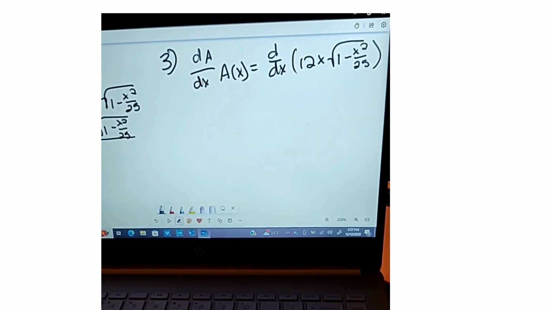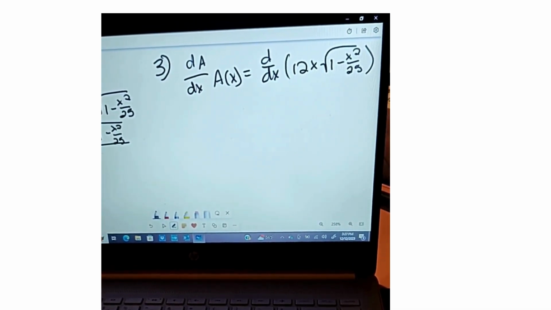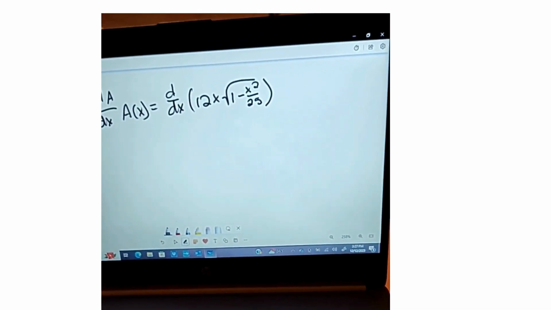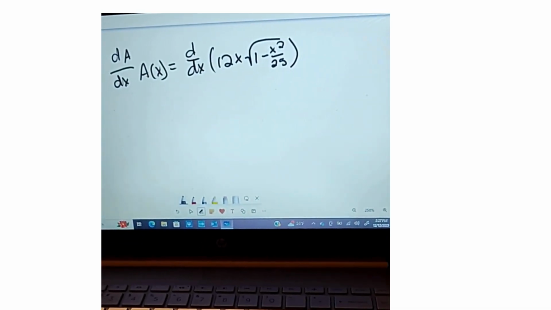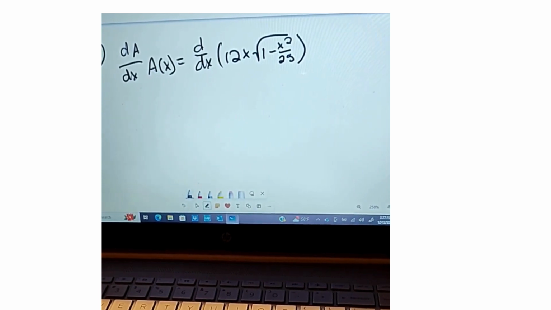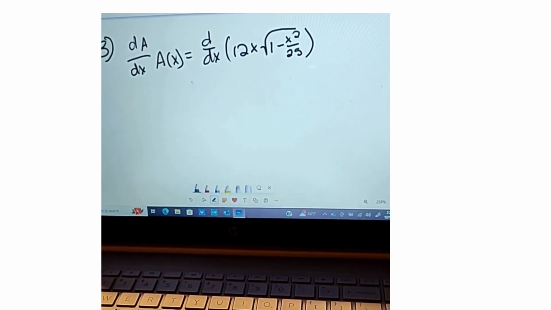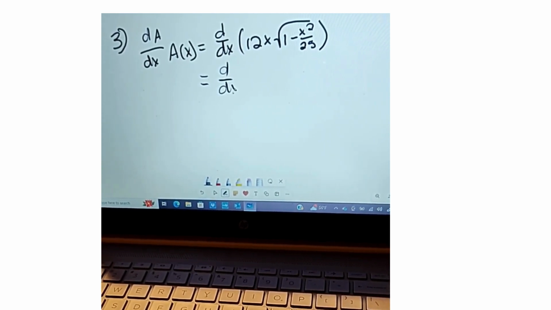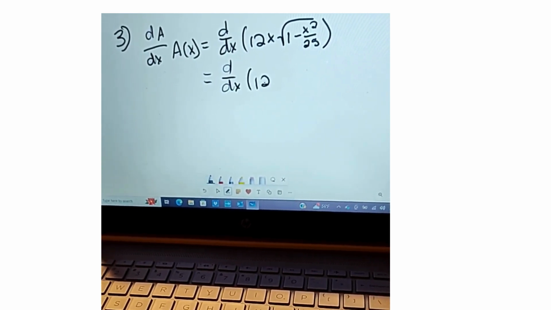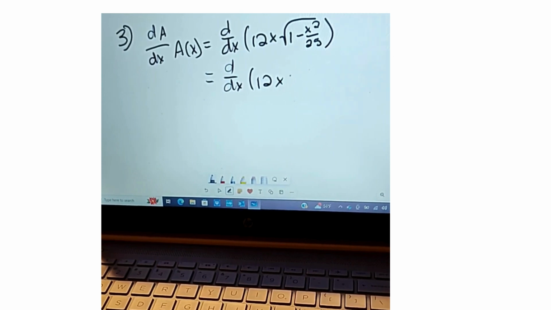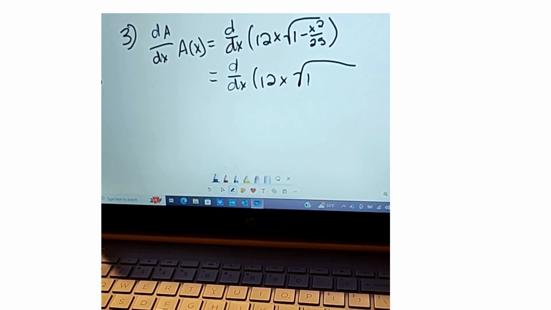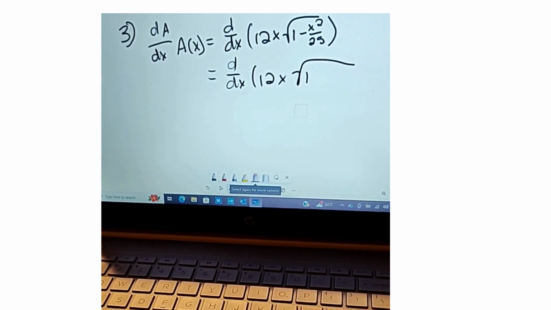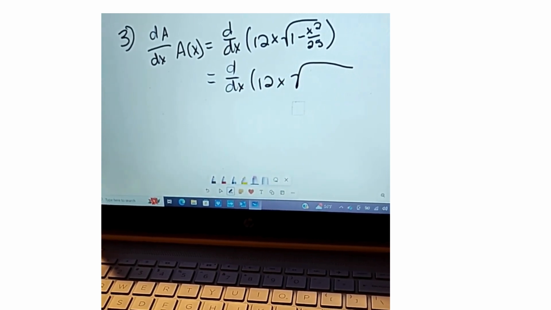So we've got to take the derivative of this part, and how we do derivatives is a fun way. There's a lot to deal with in this equation, so we're going to break it apart. We have d over dx times all of this, and we're doing it step by step.